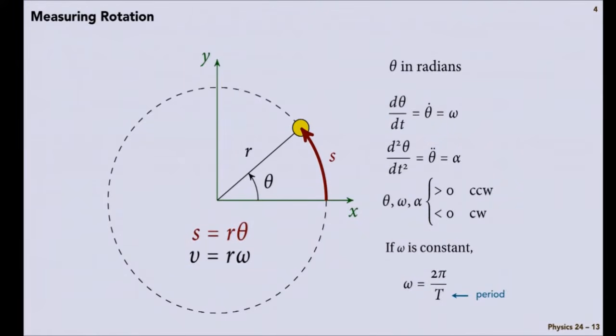S would be the distance moving around the circumference of the circle, and of course, S is equal to R times the angle theta. And so the speed with which the particle moving around in a circle goes is the product R and omega, where omega is the time rate of change of that angular position theta.